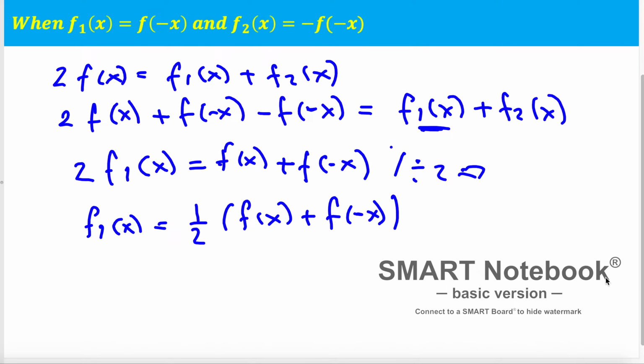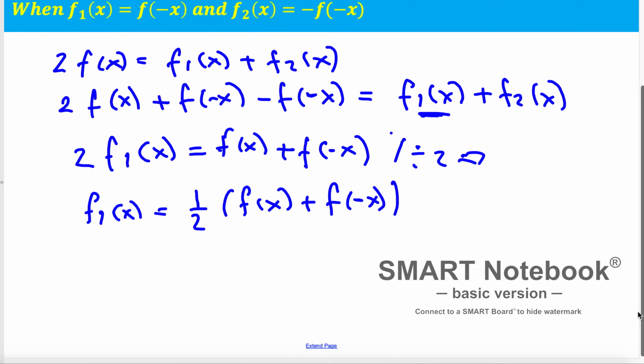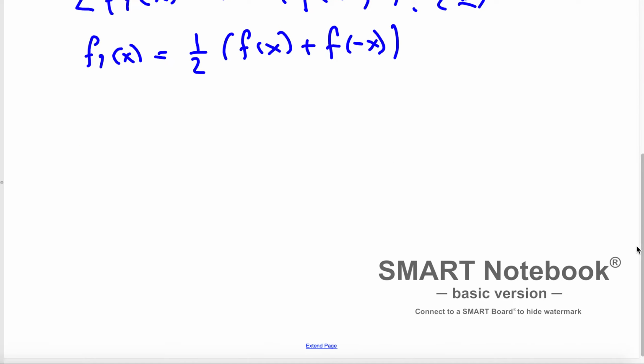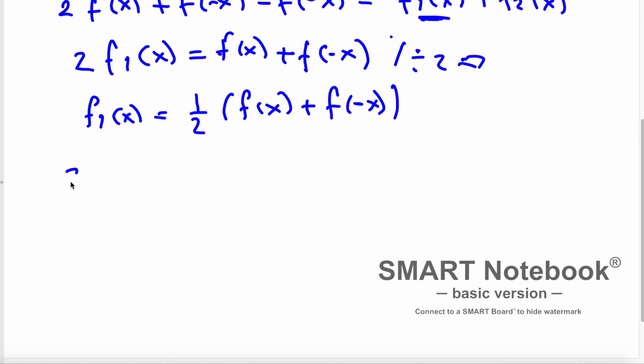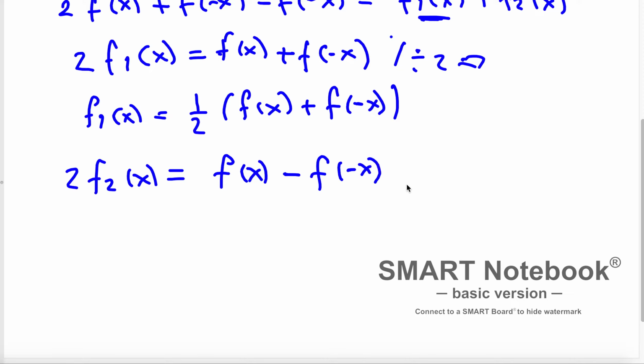That's what we get. On the other hand, if we are taking f2 of x, or 2f2 of x, it is going to be equal with f of x minus f of minus x.